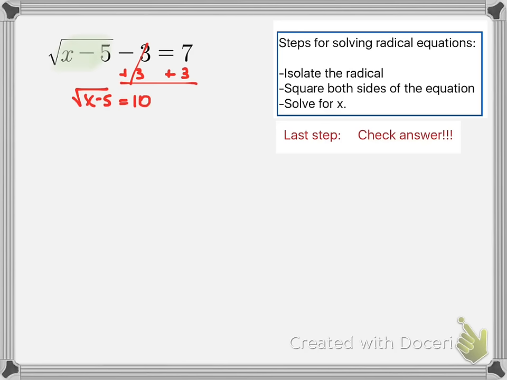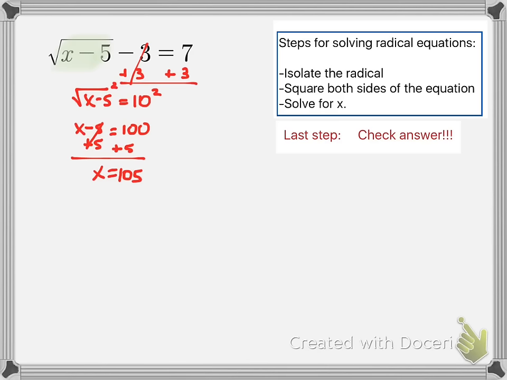So this takes us to our second step, which is square both sides. Okay, what that does is get rid of the square root altogether. So now you have x minus 5 equals 100. Okay, solve this like you normally would. Get rid of that minus 5 by adding 5 to both sides, and you get x equals 105.